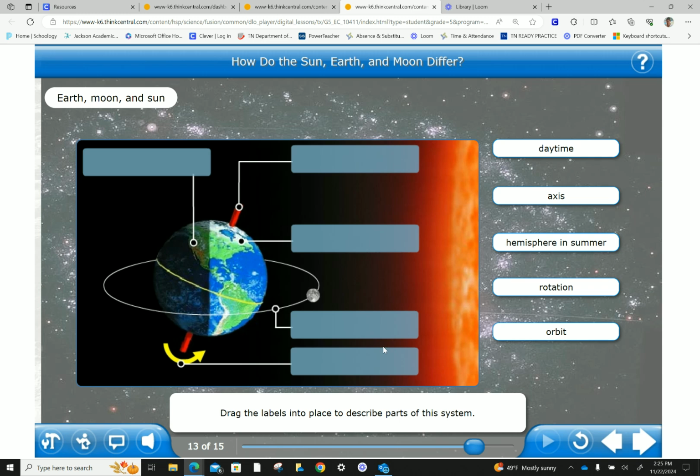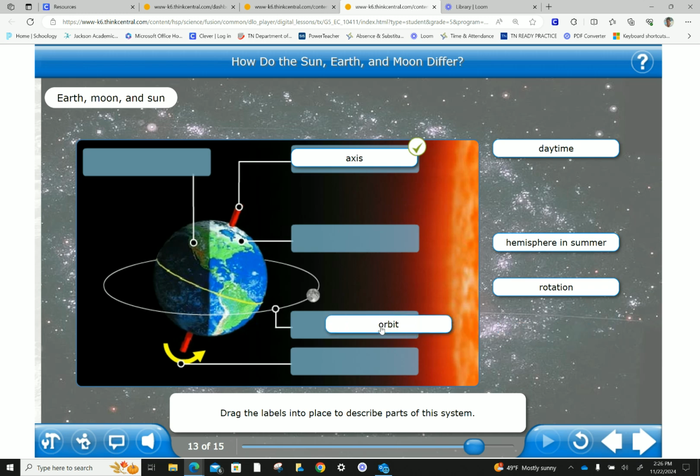Okay, well, this might be kind of tricky. So let's just look at what we have. We have daytime, axis, hemisphere in summer, rotation, and orbit. So when I'm looking at this picture, I know the axis is that imaginary line that the Earth turns on. So I'm going to do that one first. I know that the moon orbits the Earth.